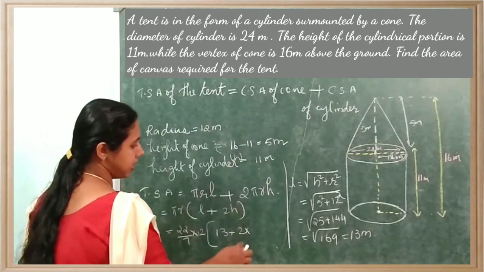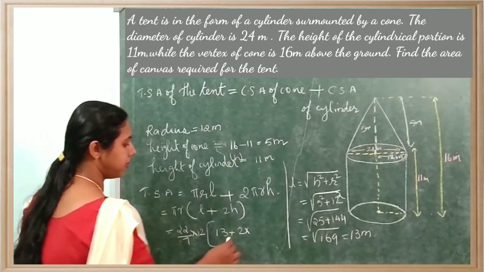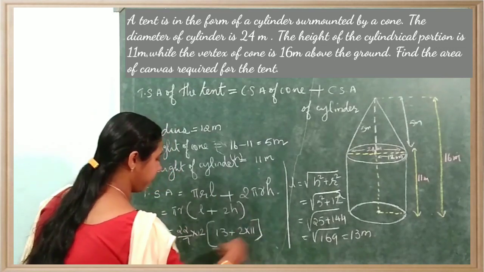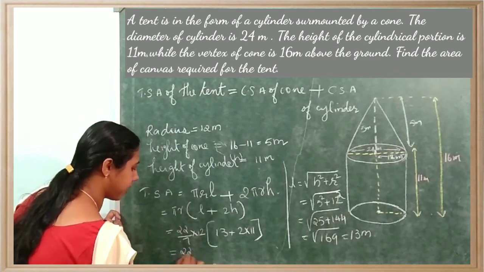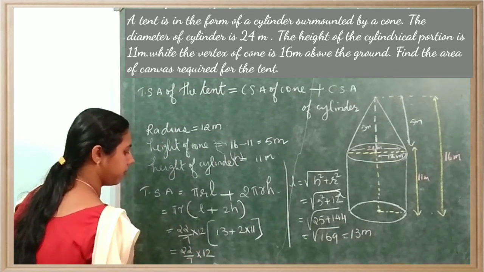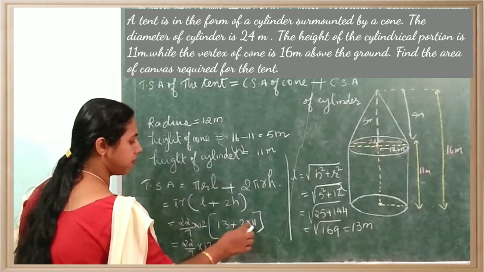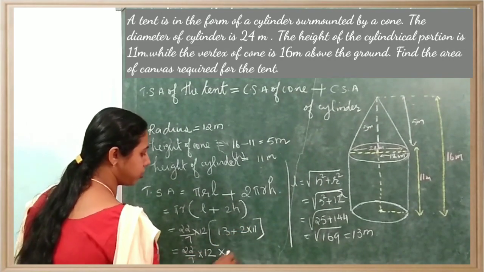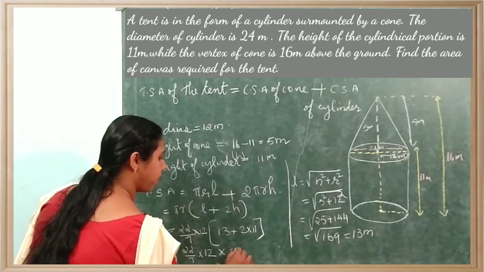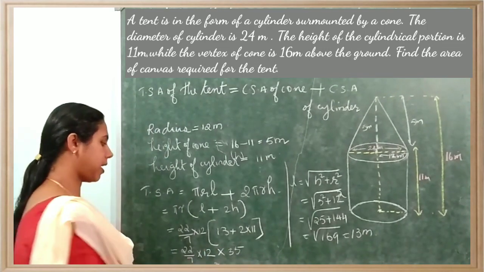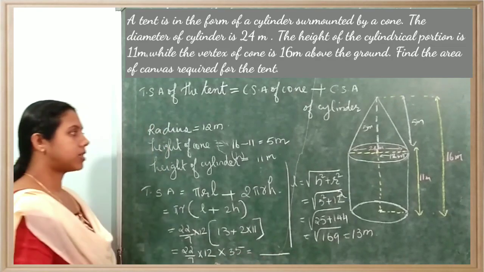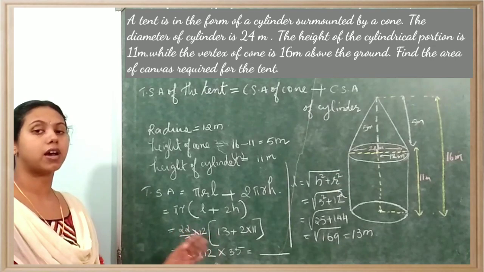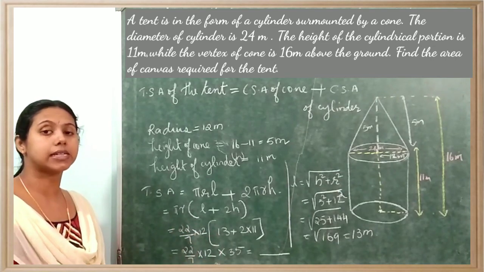So height of the cylinder is equal to 11 meter. So 2 into 11 is 22. So it will be 22 by 7 into 12 into 13 plus 22, that is 35. So when you multiply these all, you will get the total surface area of the tent. That will be equal to the area of canvas required for making that tent.